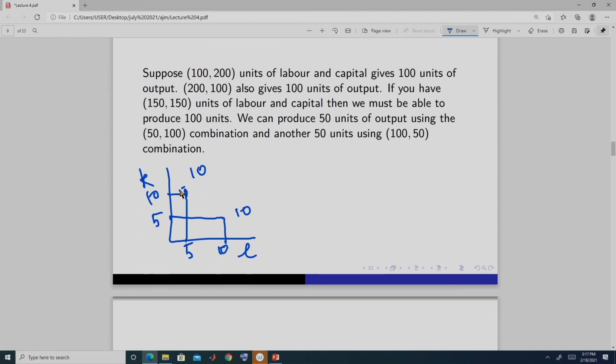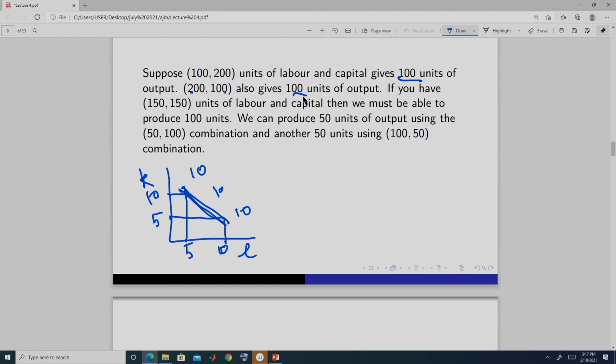Then if I take a combination of these points, I should be able to produce at least 10. So it is something like this: suppose I am given 100 units of labor and 200 units of capital, I can produce 100 units of output, and with 200 units of labor and 100 units of capital, I can also produce 100 units of output.